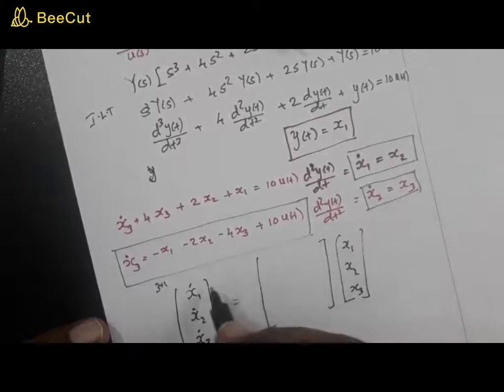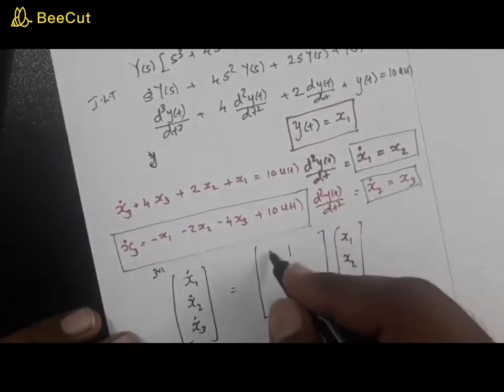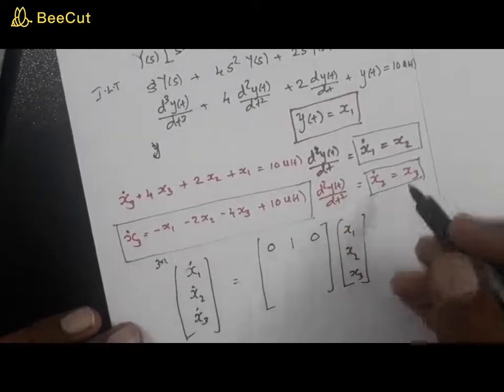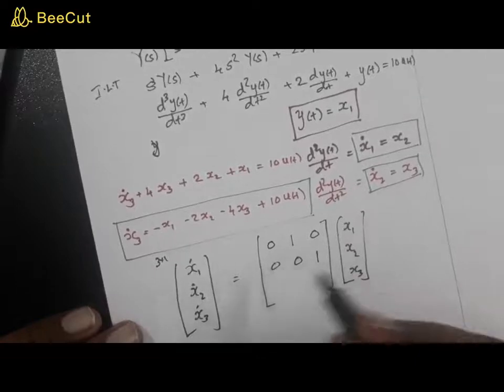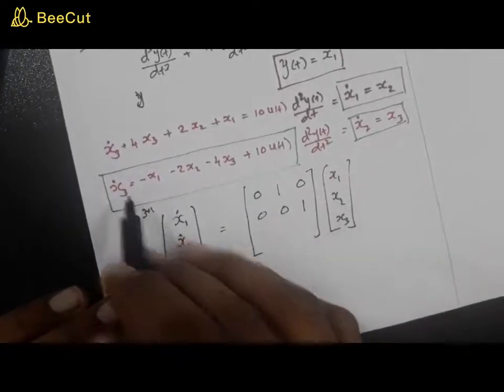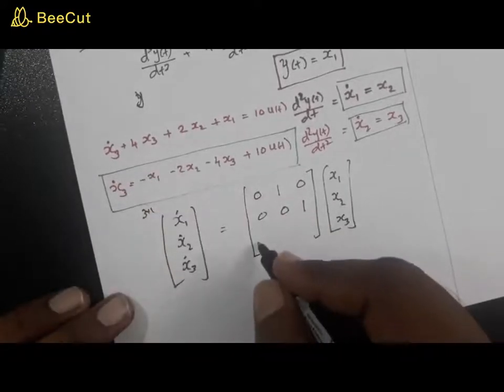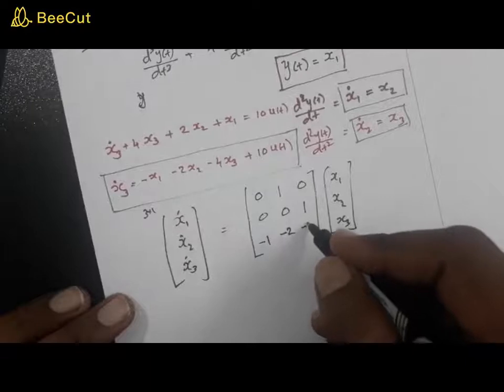Now what is x1 dot? x1 dot is x2, that means this is 0, 1 and 0. Now what is x2 dot? It is x3, so this is 0, 0 and 1. Now x3 dot is minus x1 minus 2 x2 minus 4 x3, so this is minus 1, minus 2, minus 4.